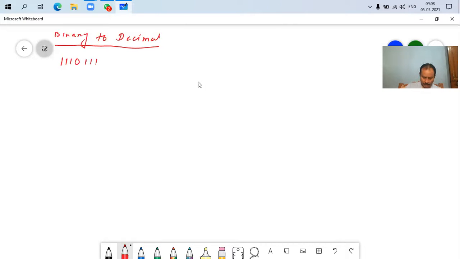Say 1110111. We need to convert this binary number to decimal. So how do we do that? First we write from the beginning 1110111.